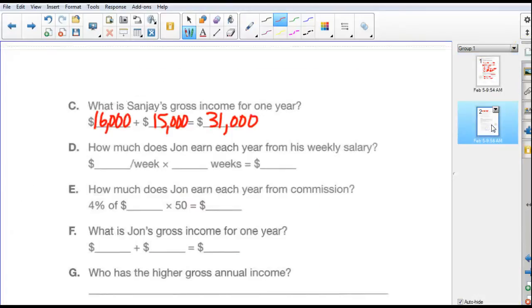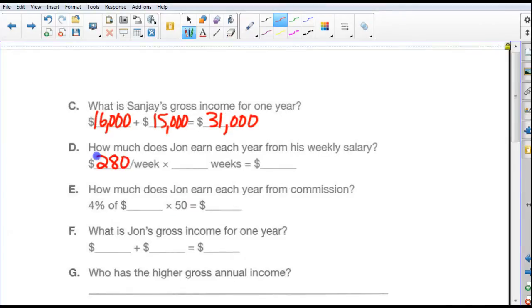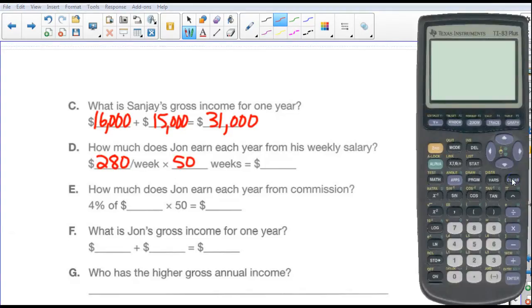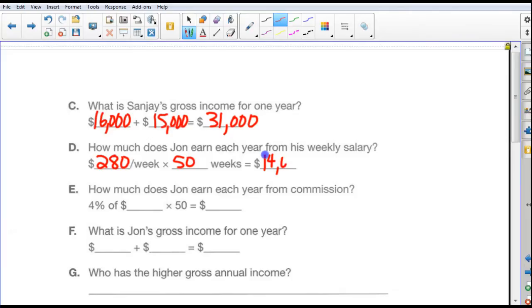Okay, so how much does John earn each year from his weekly salary? Just from his weekly salary, it was $280 per week times 50 weeks. So we take 280, multiply that by 50, and he's making $14,000 per year just on his base salary.